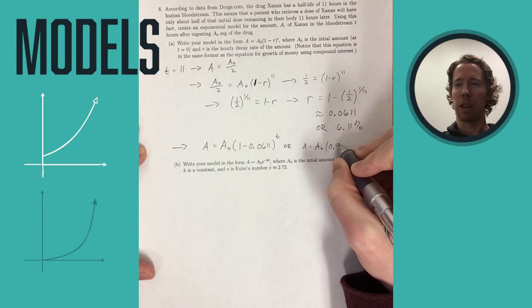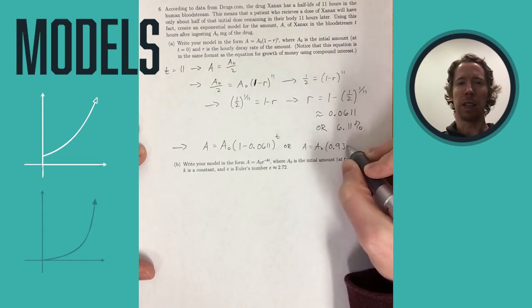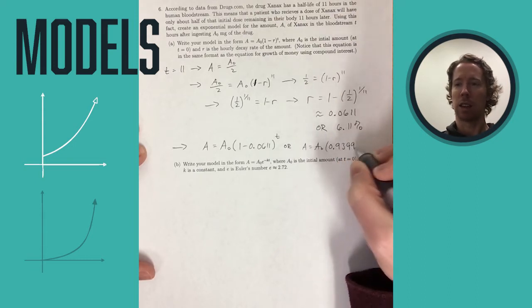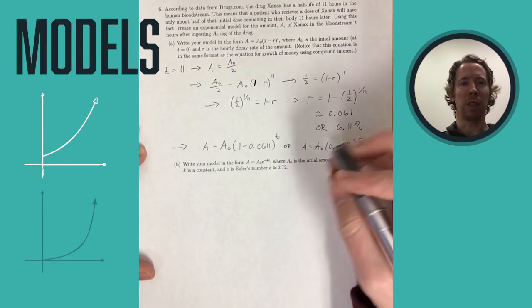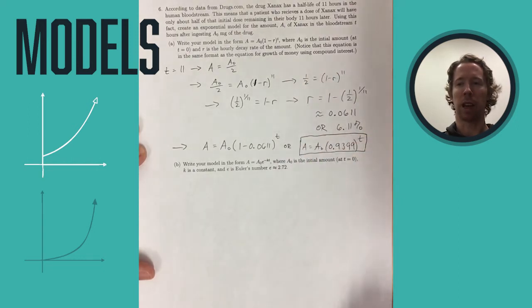And in part B, we're modeling the same situation with A0 times e to the negative kt, which is exponential decay instead of exponential growth, because we're saying that exponent is going to be negative. And that makes sense in this case.